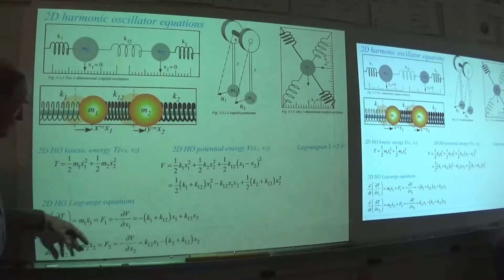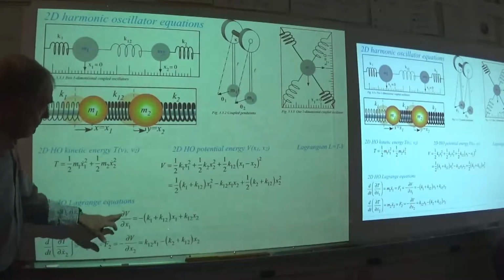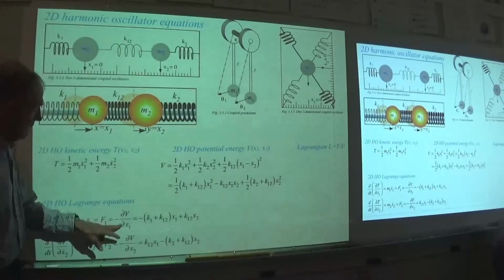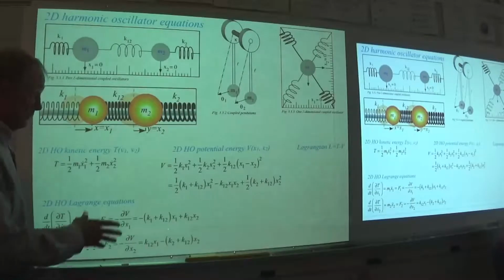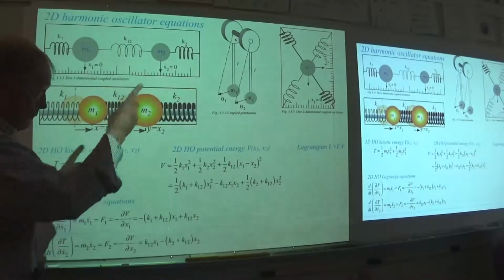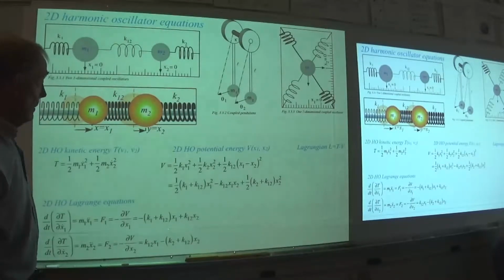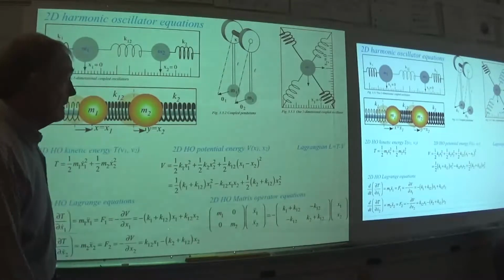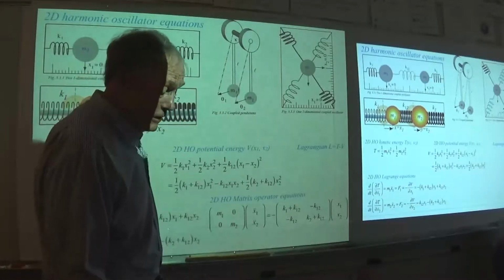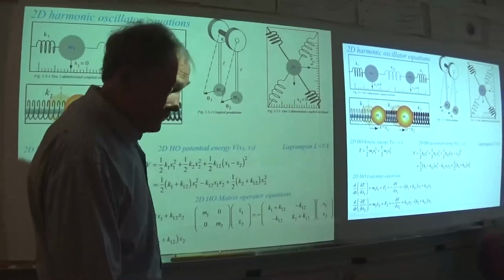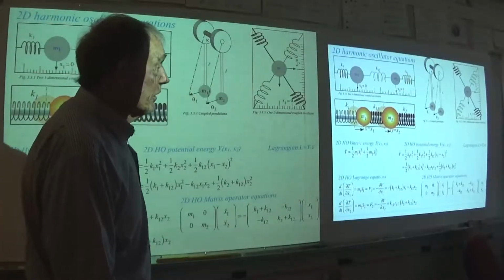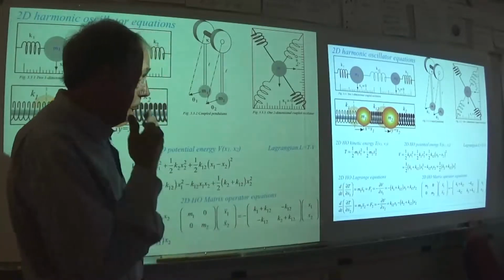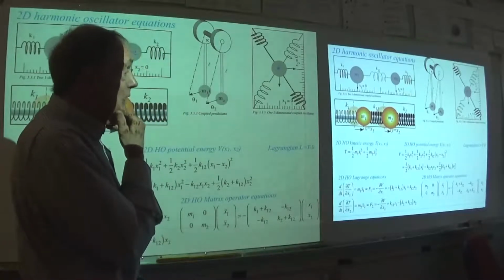So we've got the force given by minus the gradient. Gradient has two dimensions, whether you're talking about two masses or one mass like that. The idea of all of this, in this particular lecture, is that we tackle this thing by matrix methods, which basically boils down to finding the eigen solutions of a matrix.